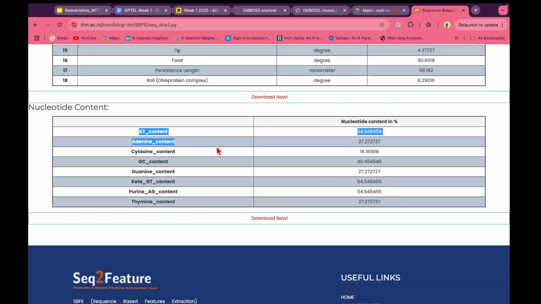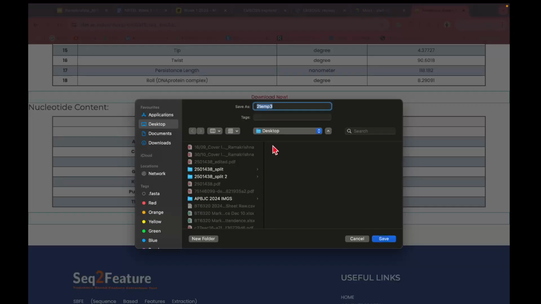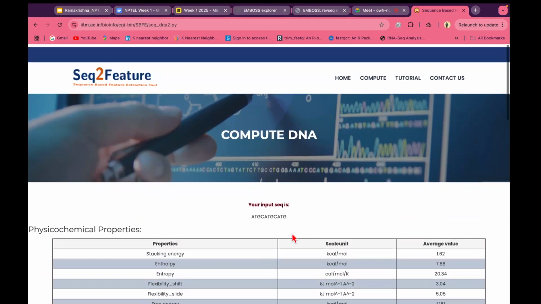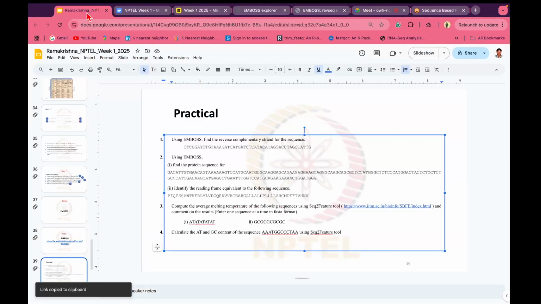Followed by that, we also have AT content, adenine content, GC content, cytosine content, and others. We have also provided an option to download the result, so one can download the results and save them for further analysis. So this is about the seek2feature tool.